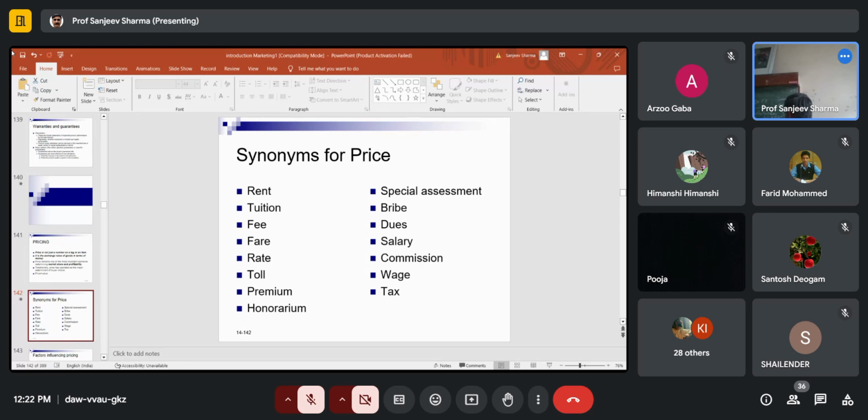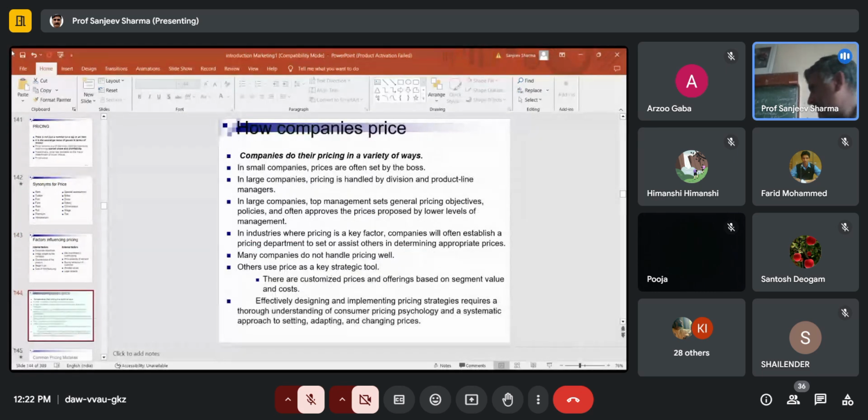Markup. What is this? The maximum price which can be charged. It's already there in your PPT, you're just looking at it.